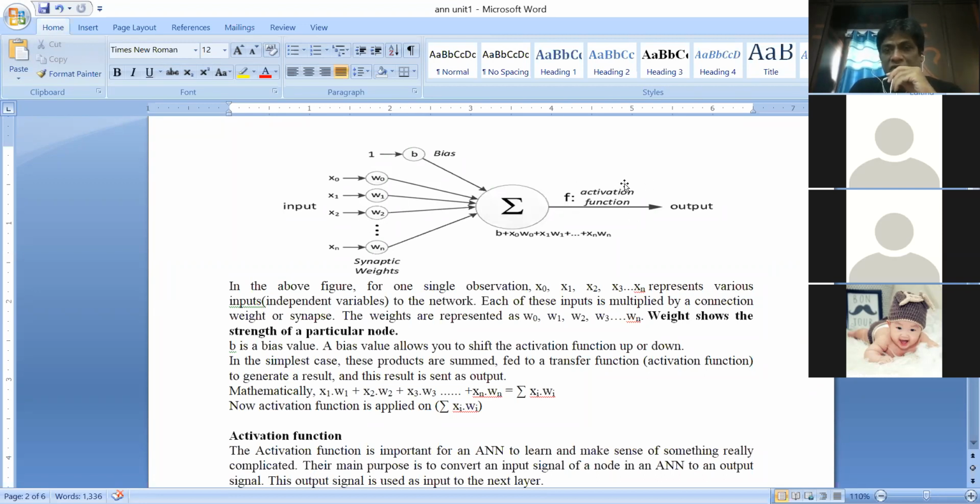With the help of the activation function, the outputs are given to the other neurons connected. So this is actually a simulation of the human brain, the biological neuron and the artificial neuron. I think we have compared these parts of artificial neuron and biological neuron. It is there in our notebook, part by part.